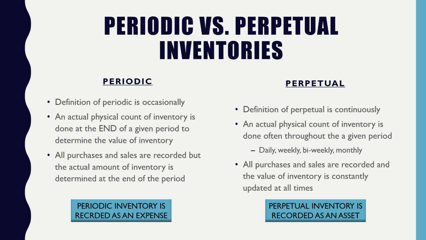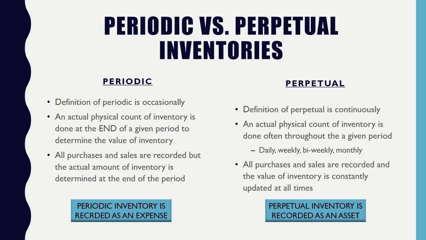understand. But if you think about it this way, think about what kind of item you're planning on selling. If it's something that you're not really selling often, or it's not your main item that you sell in your store, use periodic inventory.